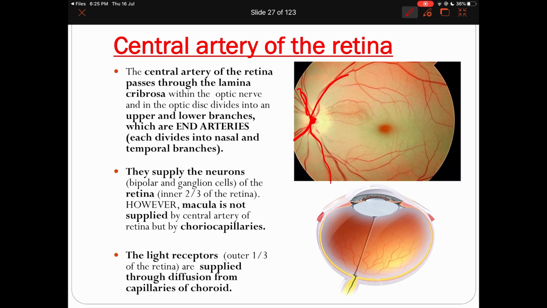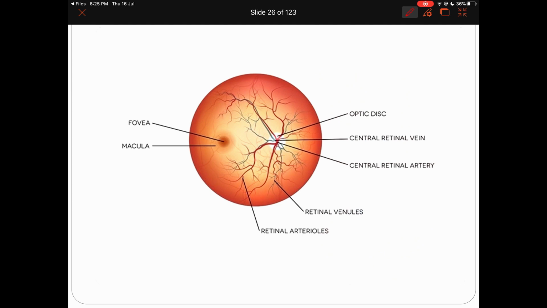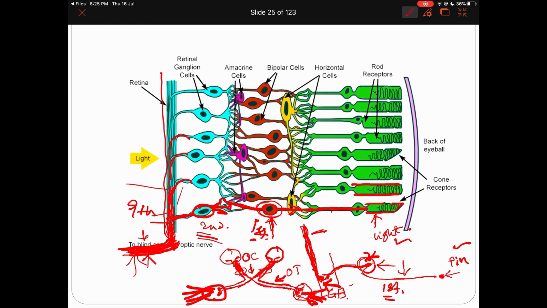Central artery of retina, when you are discussing this area, up to here wherever your axons and cell bodies are present, not the outer segment or the nuclei of receptors, but where you see the cell bodies of the neurons, that inner area will be supplied by the central artery of retina.